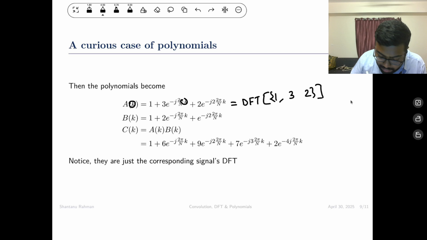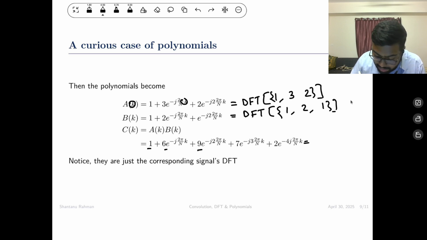And again, this is just the discrete Fourier transform of our other signal 1, 2, 1. Now multiplying them gives us 1, 6, 9, 7, 2, which is actually the discrete Fourier transform of A convolved with B, or C, what we have.